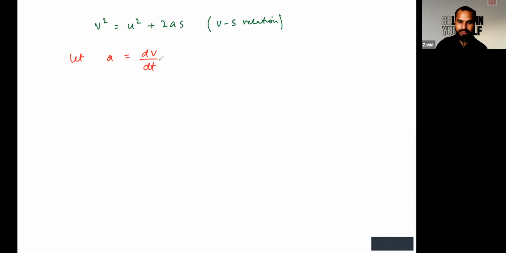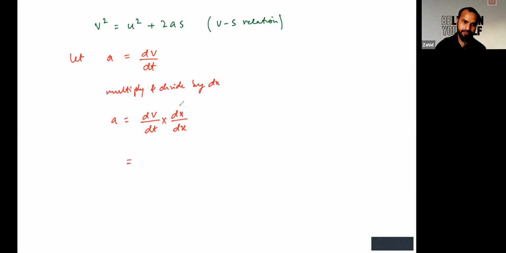But in this expression, acceleration is related with velocity and time. We have to convert this time in terms of displacement. So just multiply and divide by dx. It becomes a is equals to dv over dt times dx over dx.